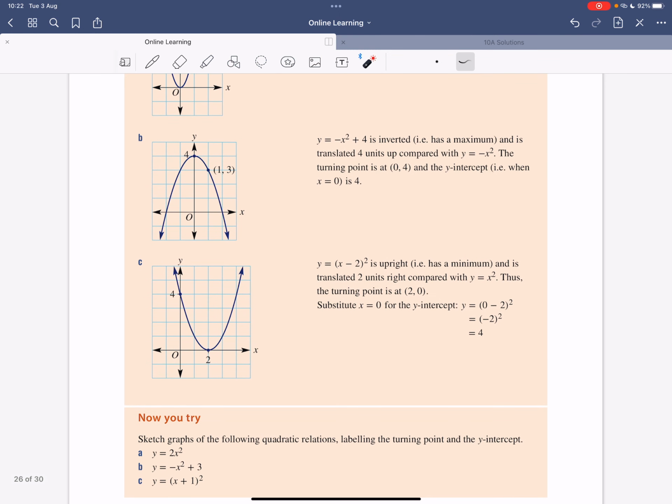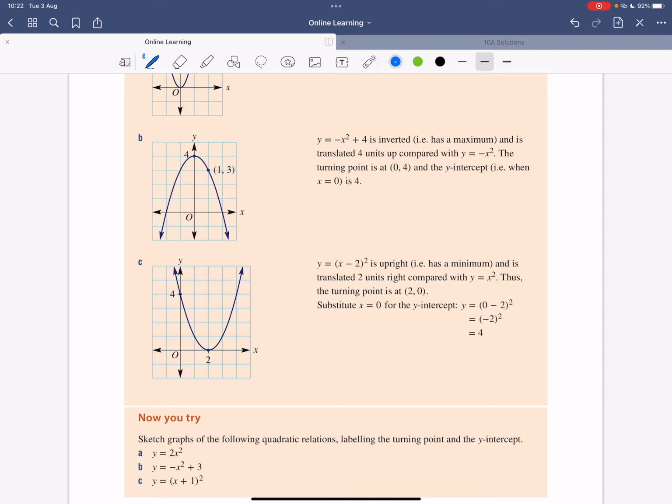So for graphing or sketching this particular function, we know it's upright because there's no negative sign in front. And we know by looking here, it's translated or moved 2 positions to the right from the origin. Is there anything else we can ascertain? The last thing that we need to understand is the y-intercept.